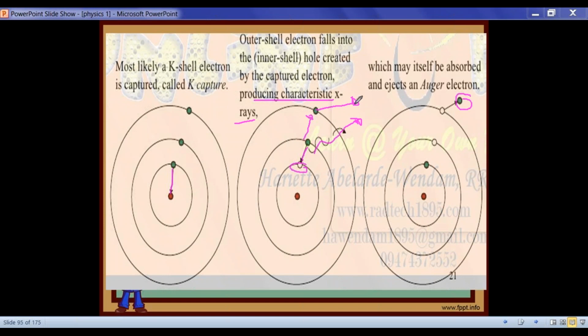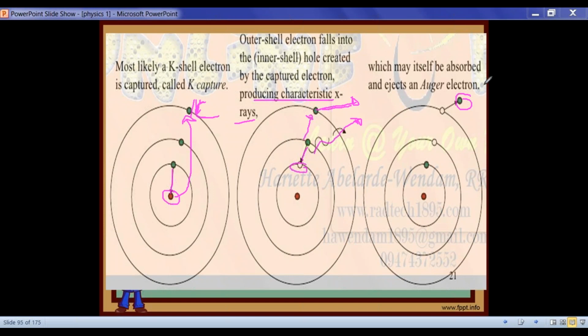Ano nangyari dito? So, katulad kanina ng ating internal conversion, na-remove po yung electron. Sa ating pong internal conversion, yung electron po is na-remove po ng gamma rays coming from the nucleus. This is internal conversion, or K conversion.